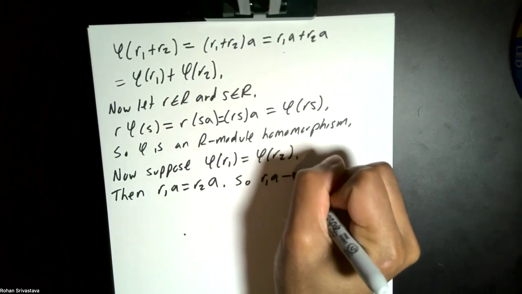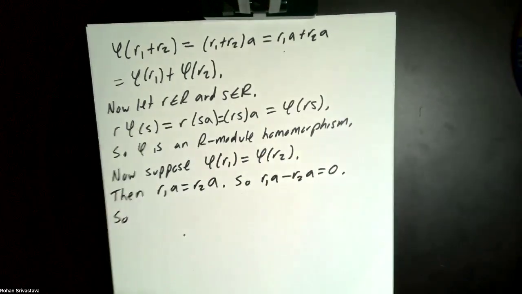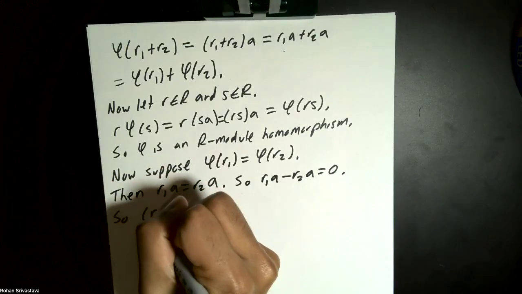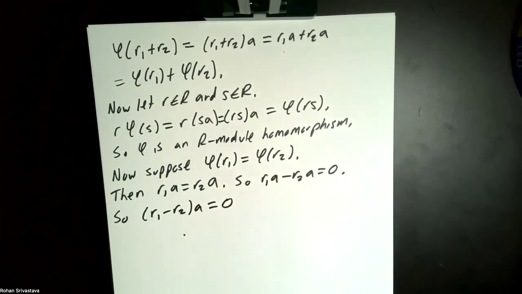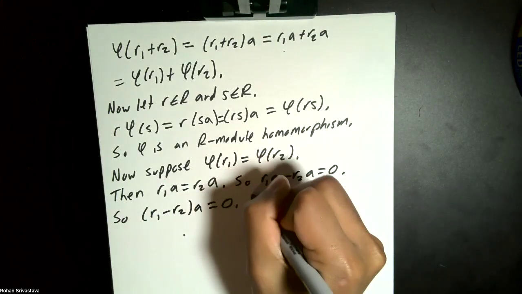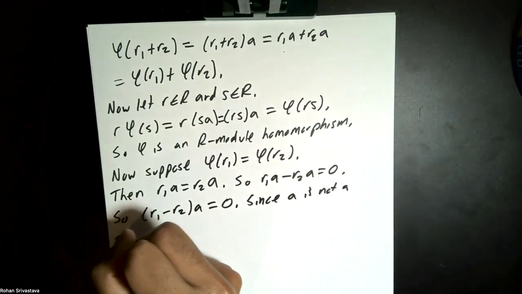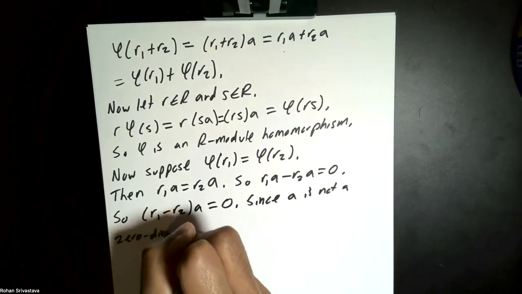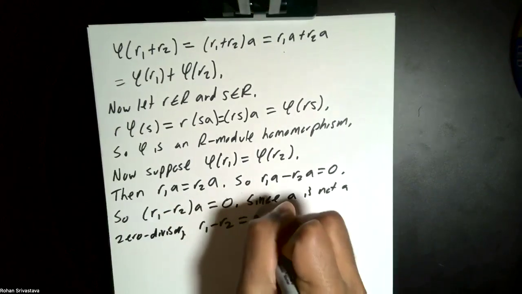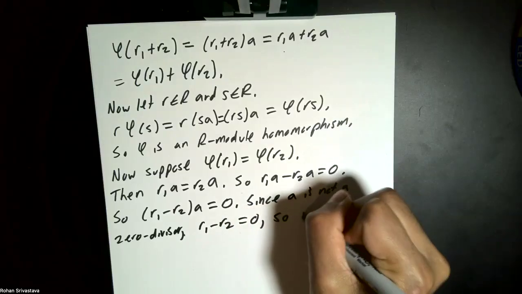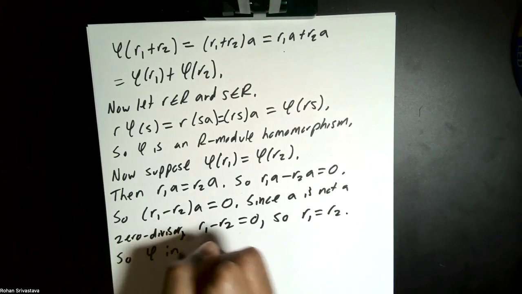So R1A minus R2A equals 0. And now we can do some factorization. So R1 minus R2 times A is equal to 0 by the distributive law. Since A is not a zero divisor, this means that R1 minus R2 must be 0, so R1 equals R2, and that says that phi is injective.